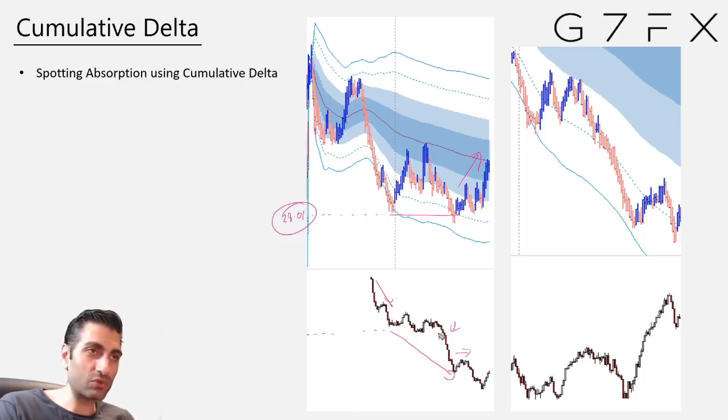You're absorbing, and look at the aggression. You can actually see the bars are really thick and red. That is significant numbers of people trying to sell at what? One price level. Okay. Once you get your head around it, you'll be like, oh my God, that's obvious. Price is not moving down, but contracts are still hitting the bid, hitting the bid, hitting the bid, thousands. So what's happening?